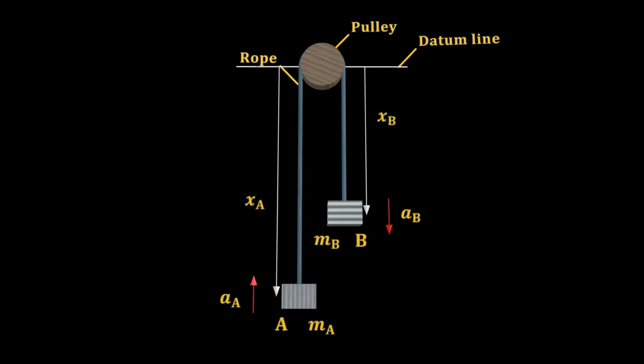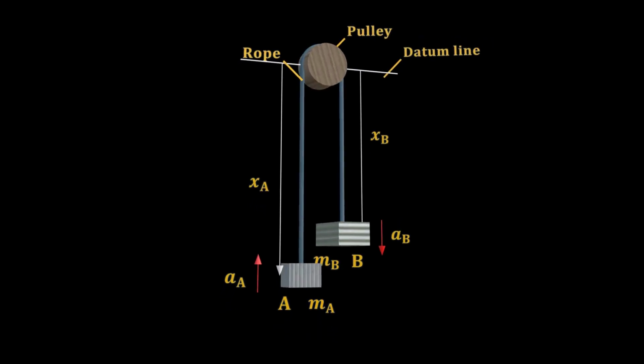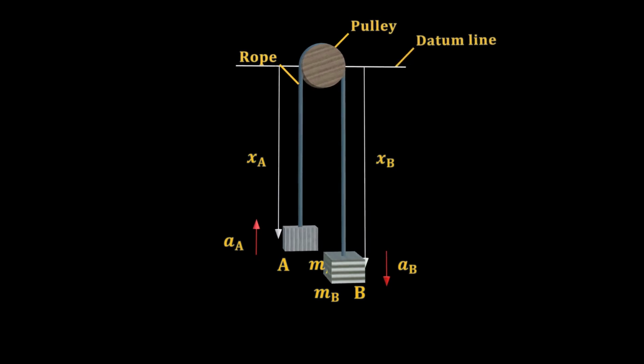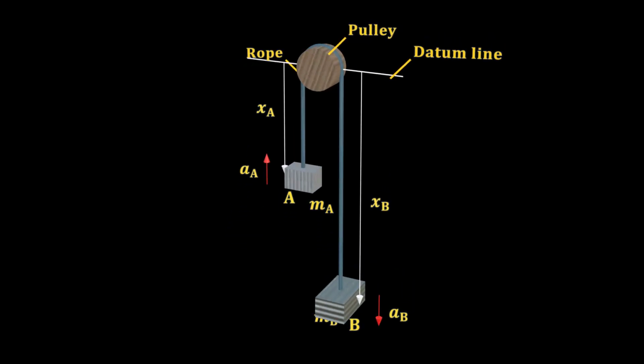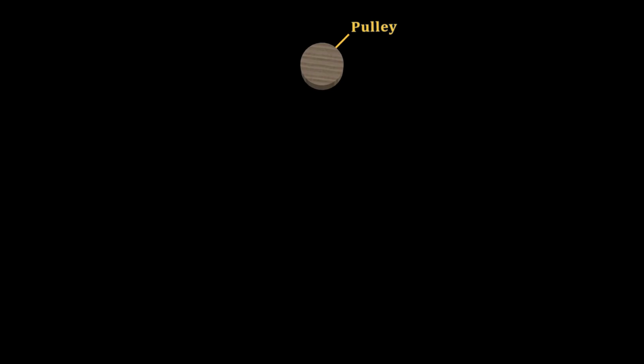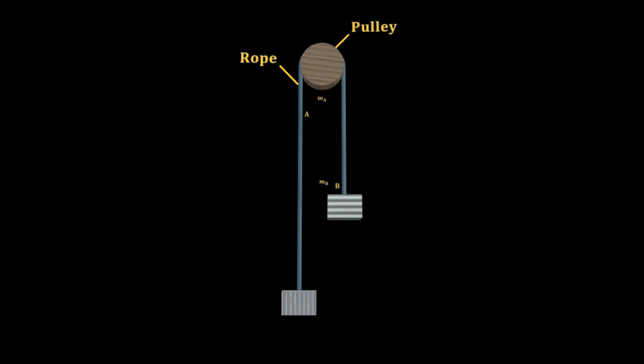In this video, we are going to look at this interesting problem that a lot of students find difficult to solve. We have the following: a pulley, which is just a cylinder, a rope that passes over the pulley, and two objects with masses hanged at the two ends of the rope.